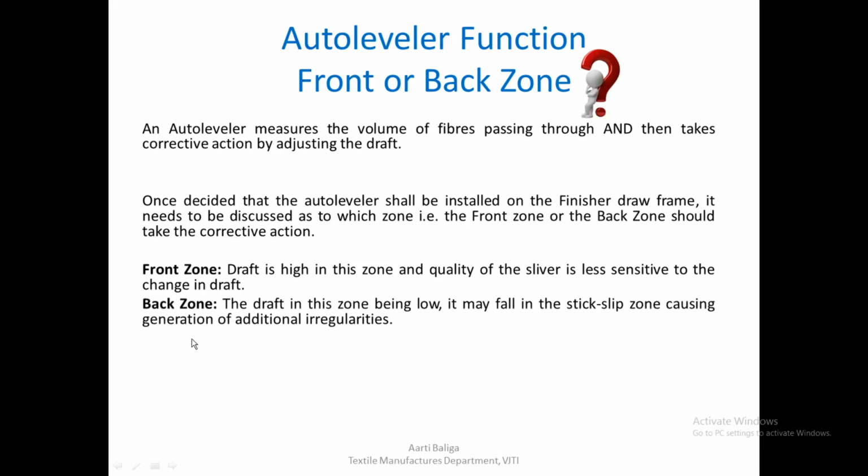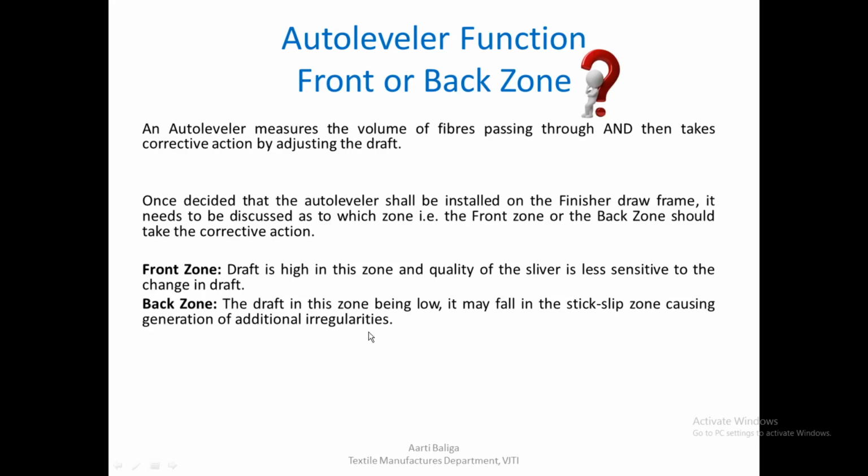Now coming to the back zone, which is actually the break draft zone. We have seen earlier that this zone, having a very little draft, the drafting forces may fall into the stick slip zone, and when it goes into this zone, it will generate a lot of additional irregularities.